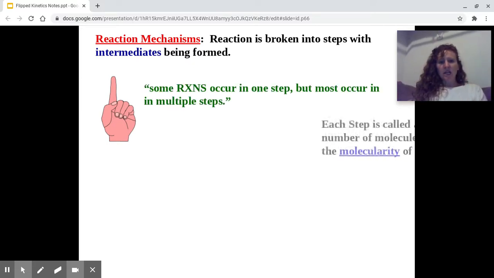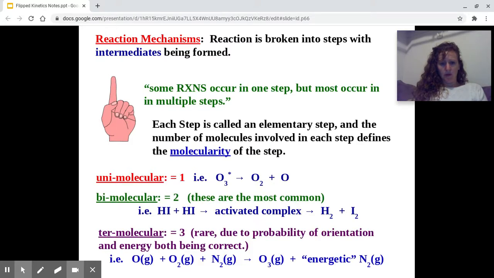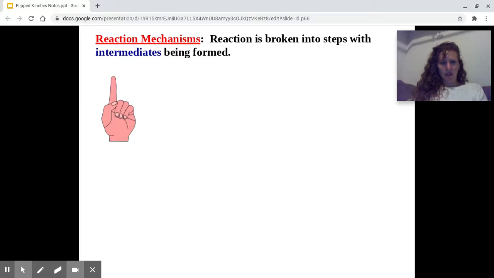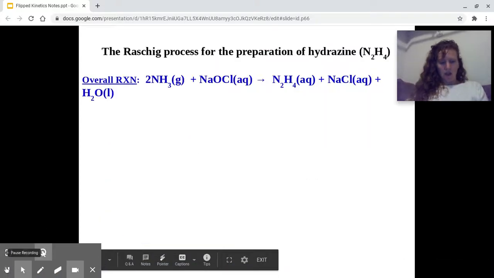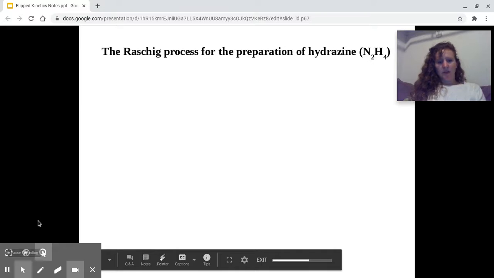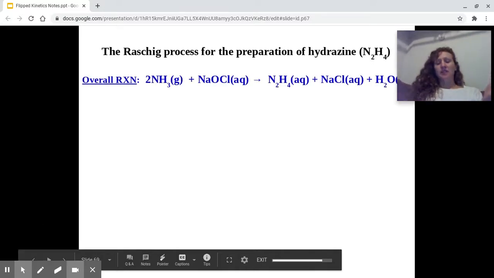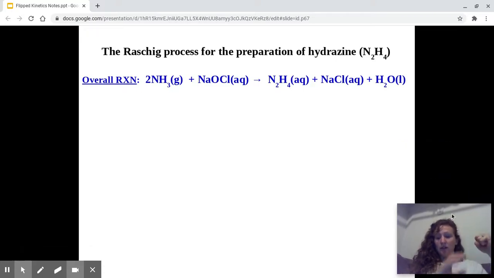So let me give you an example. Okay, here's one example for you. You can see here on this slide, there's an overall reaction. And this overall reaction seems to suggest that two ammonia molecules collide with an NaOCl.